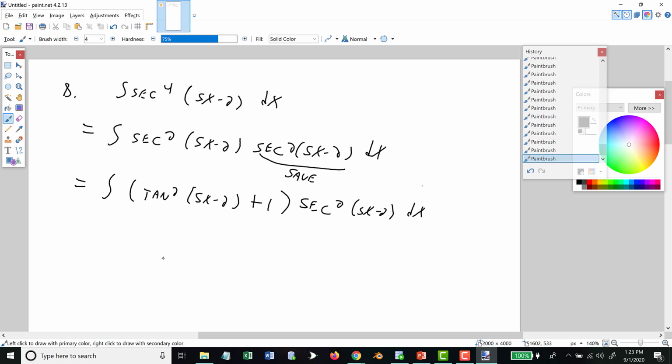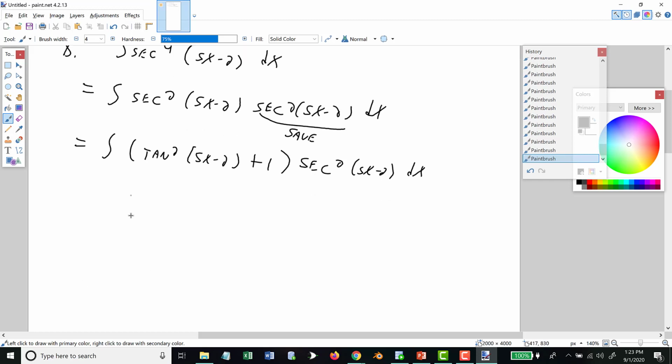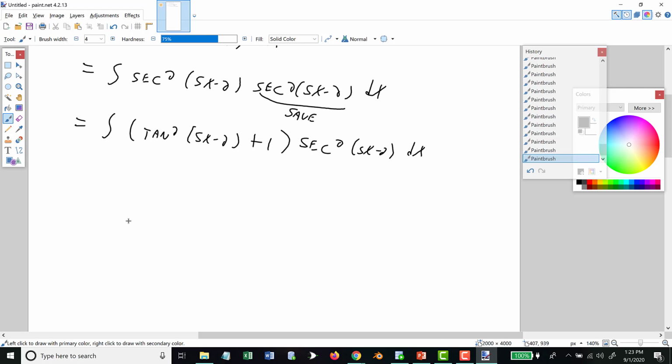Well, our formula is such that we can't have that 5x minus 2, so it's a u substitution. So I let u equal to 5x minus 2. du, the derivative of that is 5 dx. I have the dx, but I don't have the 5, so I'll put a 1/5 out in front, and I'll put a 5 inside.